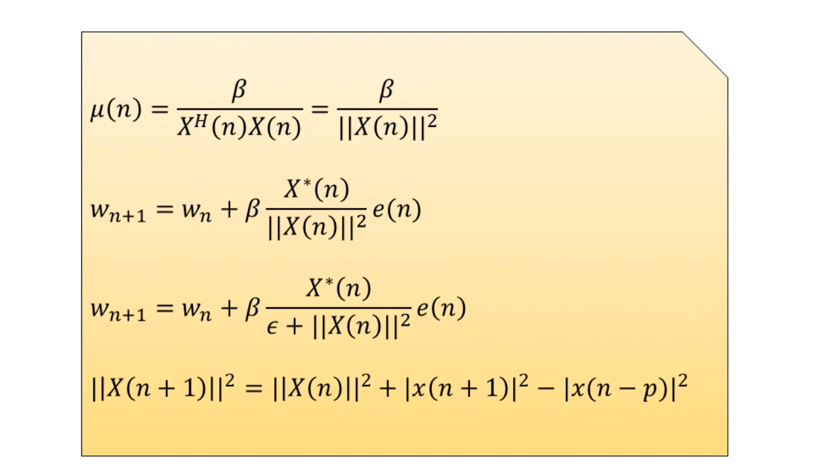Then the extra computation will involve only two squaring operations, one addition and one subtraction. So this was our topic, the normalized LMS algorithm.